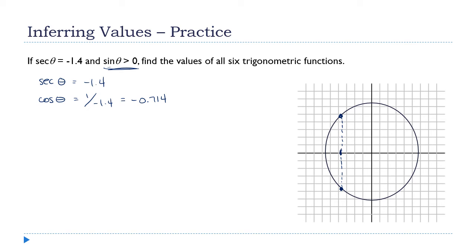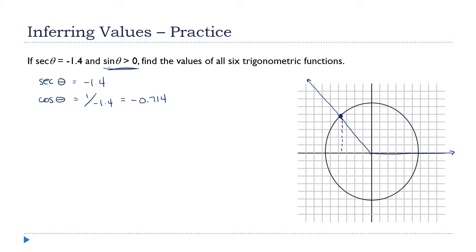Remember the sine, that's the y coordinate. And of these 2 points, it's this one here, the upper one, the one that's in the second quadrant, that has a positive y value. So I don't want that angle down there. This angle here is the one that I'm looking for.